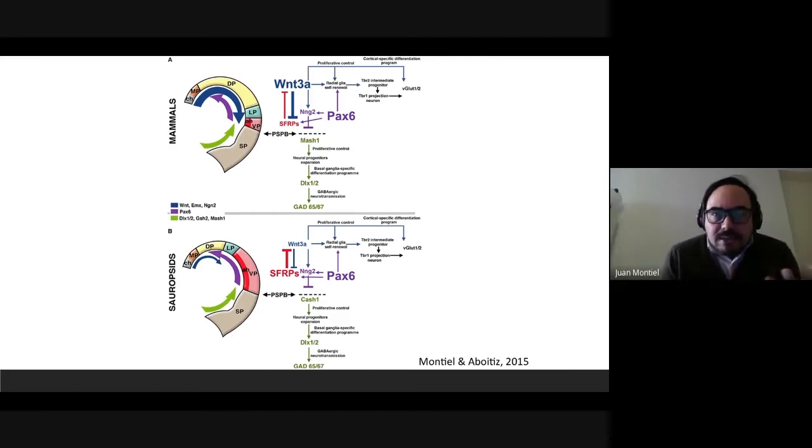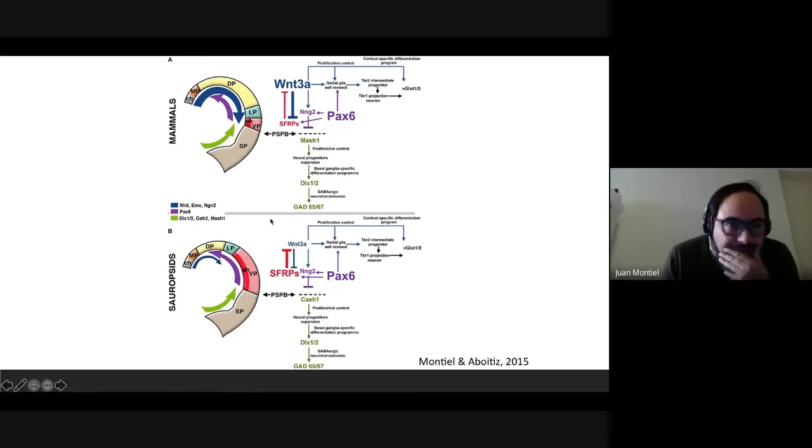So how can we explain that, or how can we control the generation of these proliferative regions, the generation of more progenitors, then more neurons, and then we can assume that they will form more columns and more processing units?